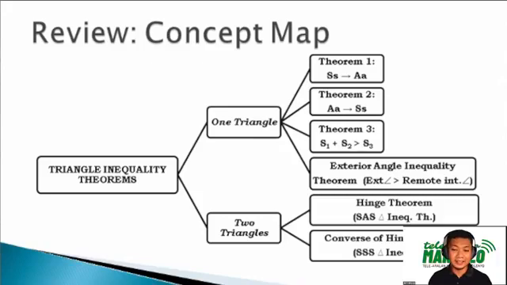It states that if two sides of a triangle are congruent to the two sides of another triangle and the third side of the first is longer than the third side of the second, then the included angle in the first triangle is greater than the included angle in the second triangle. It's as easy as that. I hope you can recall those lessons that we have involving the triangle inequality theorems.